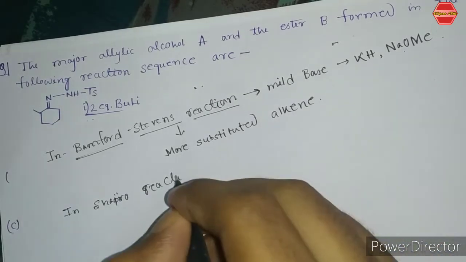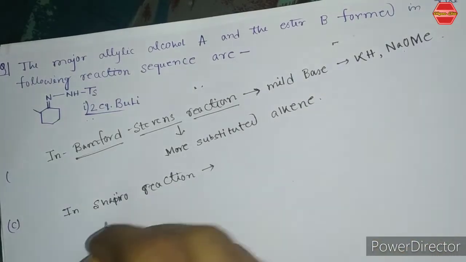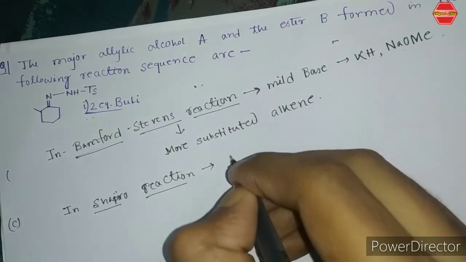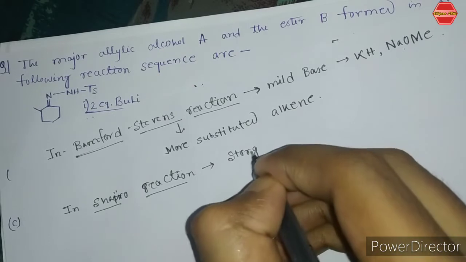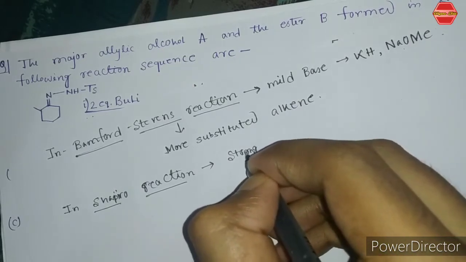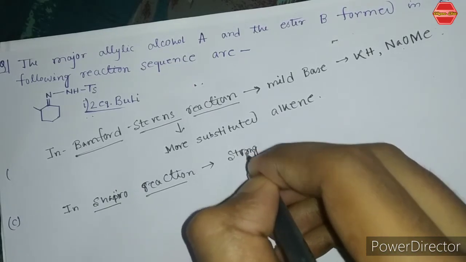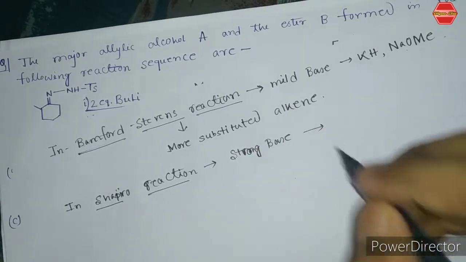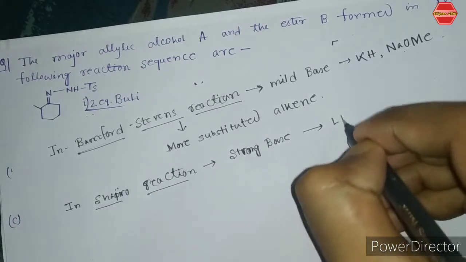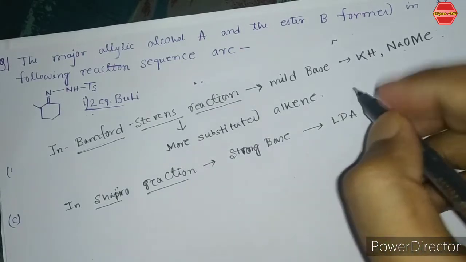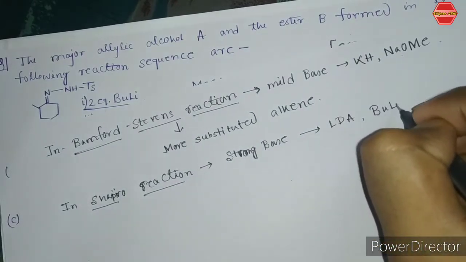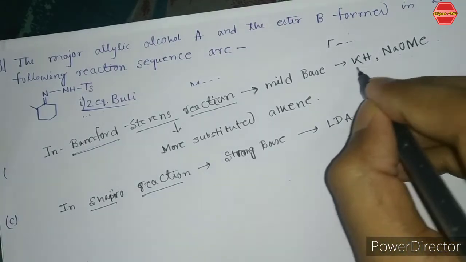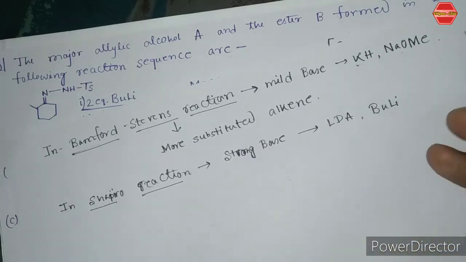Okay, and in the Shapiro reaction, the base which is used is a strong base, like LDA, or the base which is used in the question also, that is butyl lithium. These two are quite strong bases compared to potassium hydride and sodium methoxide.